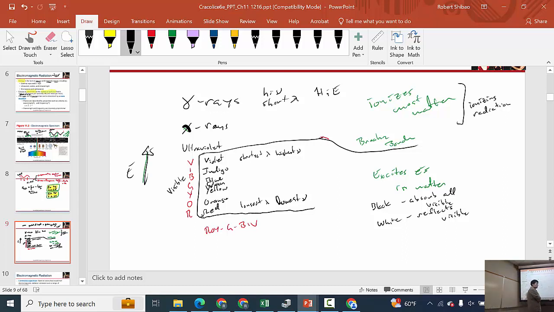For example, they're thinking of painting the roofs of cars with ultra white paint. And the reason for doing that is so that it keeps the interior cooler. Because you know what's lower in energy than red? Infrared.